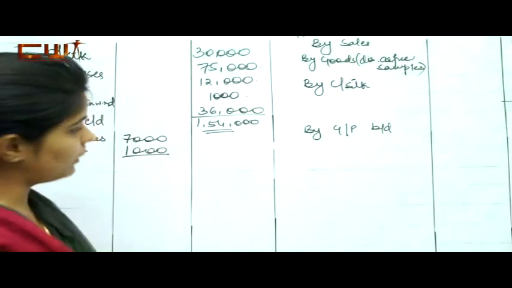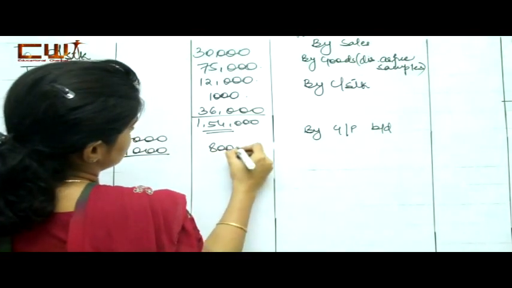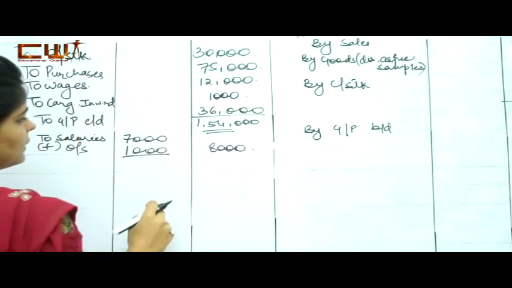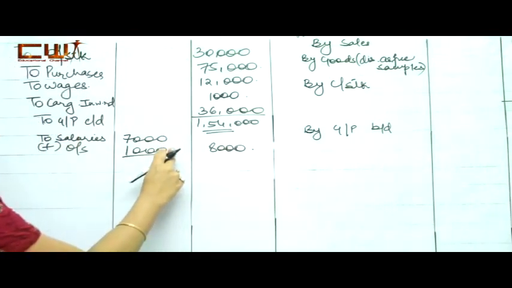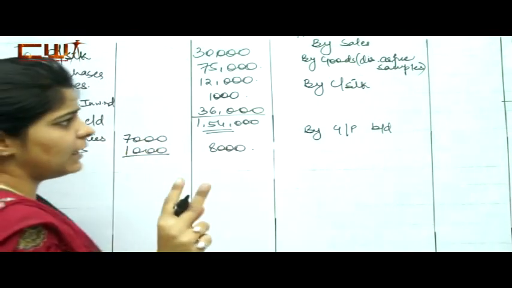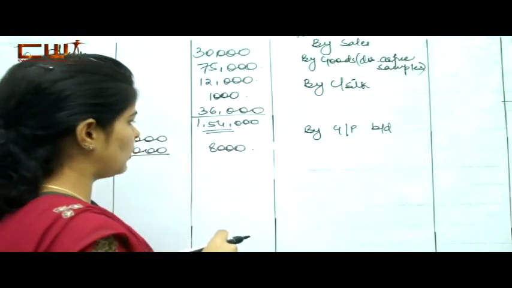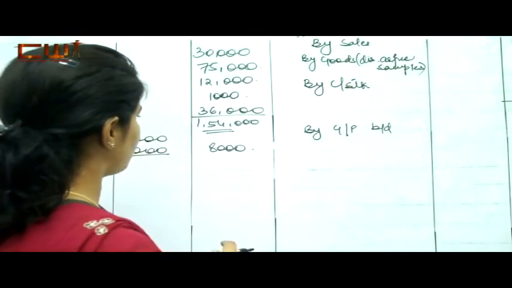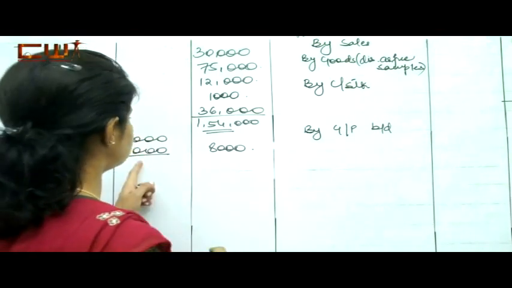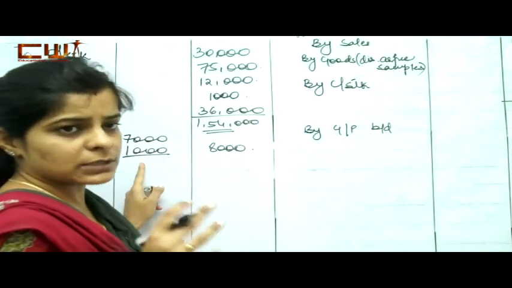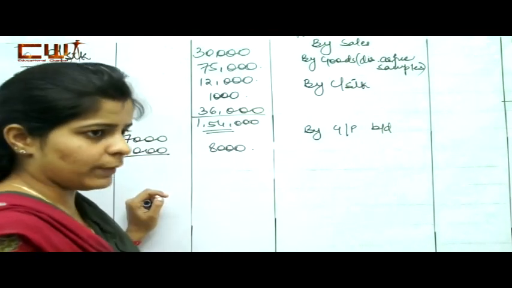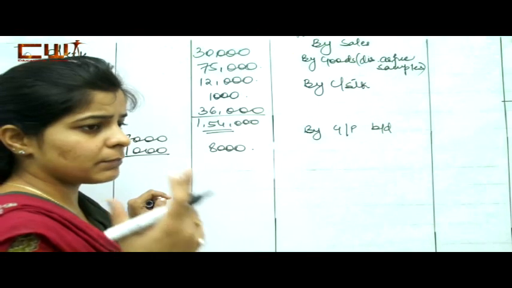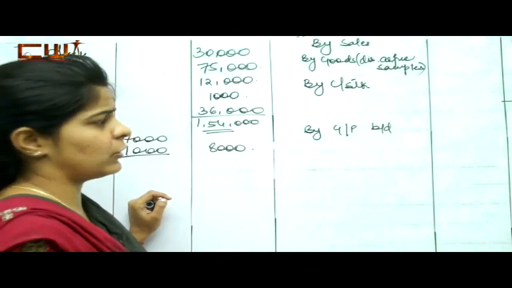So what is the total you get? 8,000, right? 7,000 and 1,000, 8,000. This 1,000 will come twice, as I said. One in the profit and loss account you got, another you will mention on the liability side, because this salary is yet to be given.